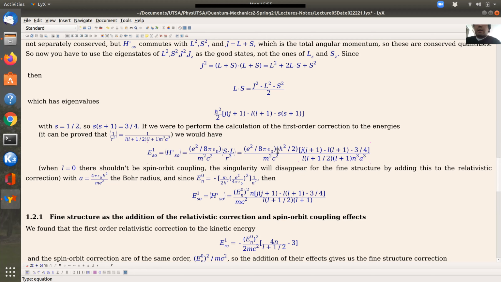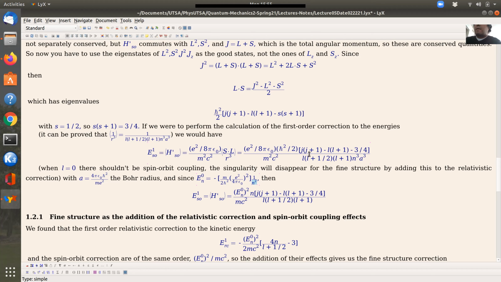You would think that there is a singularity for the case of L equal to 0. Physically, in that situation, there wouldn't be spin orbit coupling. And anyways, when we add the contribution of this spin orbit coupling with the relativistic correction, the singularity will disappear, so don't worry too much about it. And again, we have the formulas for the Bohr radius and then also for the unperturbed hydrogen energies, and that is because we'll get some 1 over n squared dependencies.